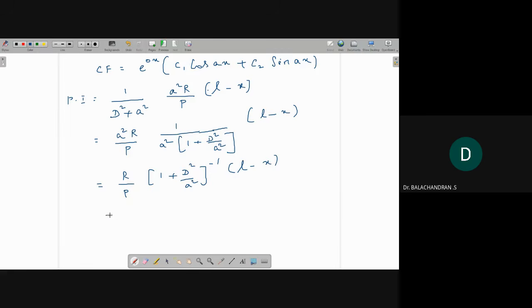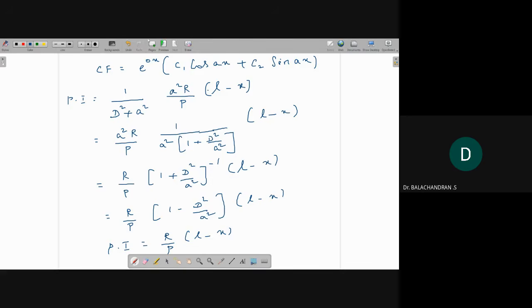I don't need the D square by a square term because here we have x. So PI is R by P into L minus x, since D square of L minus x is 0. So this is your PI.